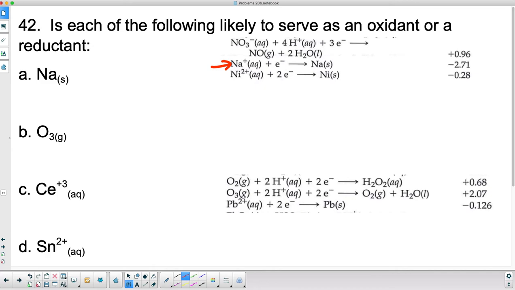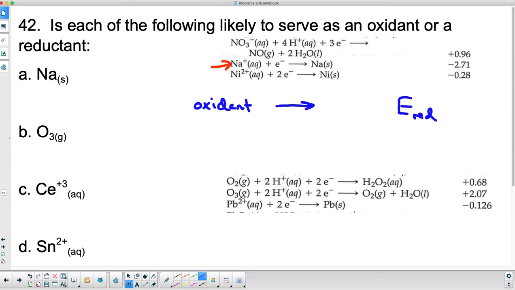Once I explain what's going on, this will become much easier, but we've got to really pay some attention to this. So if I have something written as a reduction, and my arrow points like this, if the thing that I have is on the left-hand side, then what I have is an oxidant.